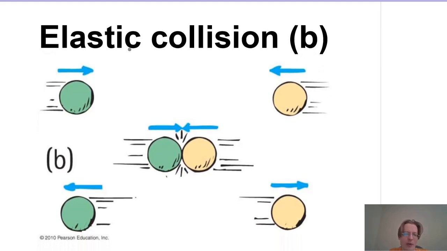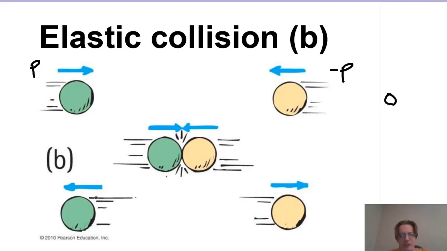Elastic collisions can also happen in a head-on collision, where both objects are moving towards each other. Then let's look what happens. This one has a momentum p. This one has two. It also has momentum, but it's negative. So the total amount of momentum beforehand is actually zero. Plus p minus p adds up to zero.